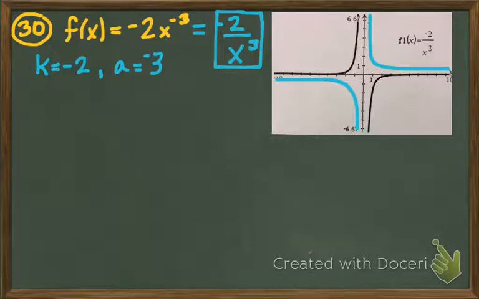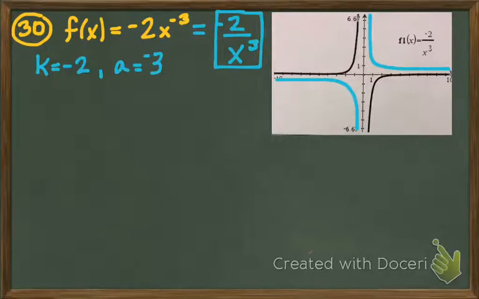So it also should make sense when you see it from this perspective that the graph is a vertical reflection of the parent graph because of the -2. The 2 would be a stretch, and cubing the denominator, which would really be cubing 1 over x, is going to not change the overall shape of the graph. And I'd be happy to discuss that with you in more detail if you are curious and interested, but that's not necessary to finish this problem.